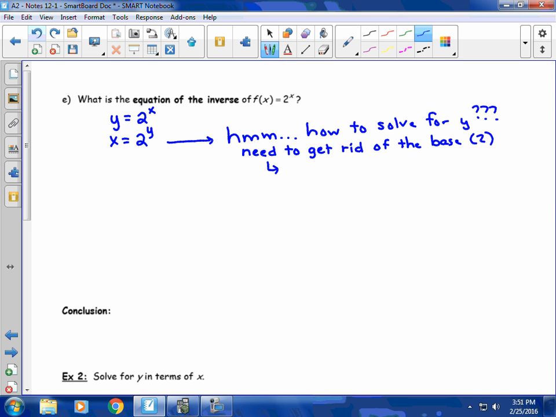Up to this point, we haven't had a function that gets rid of bases, but now we do. This new function is called a log. And even more than that, it's actually a log with a base b. So I call that little thing the base here. And it's written as a subscript, so if you were writing on a line here, you'd have log with a base of b kind of underneath it a little bit.